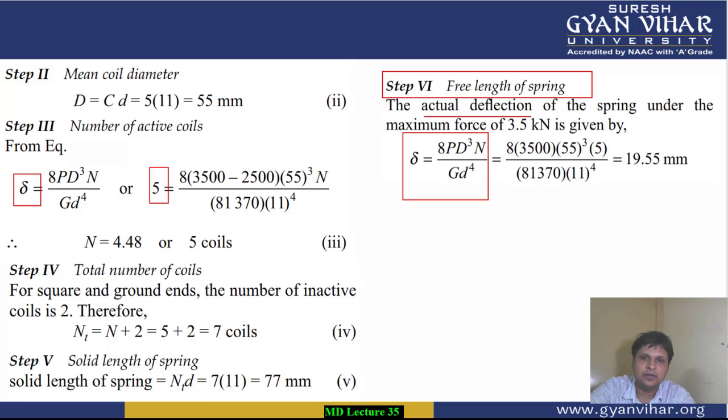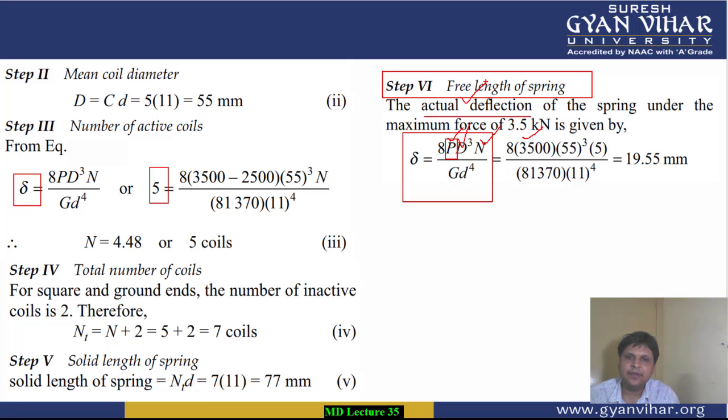So for the actual value, all the values like number of active coils, wire diameter, coil diameter, load, all values you have. So in the load deflection equation, in fact, we will take the maximum value of load. For actual deflection, you will not take the difference of the load values. The maximum load value you will take.